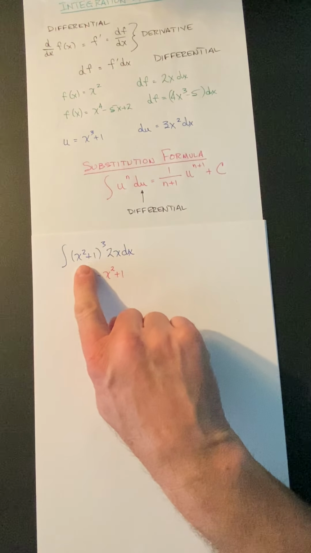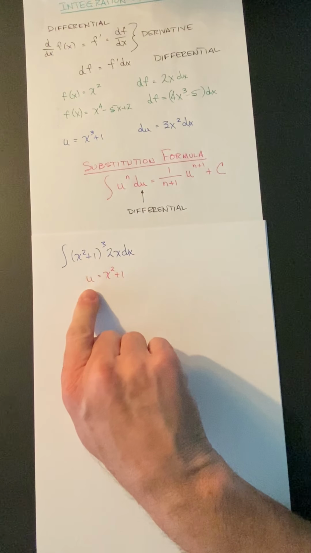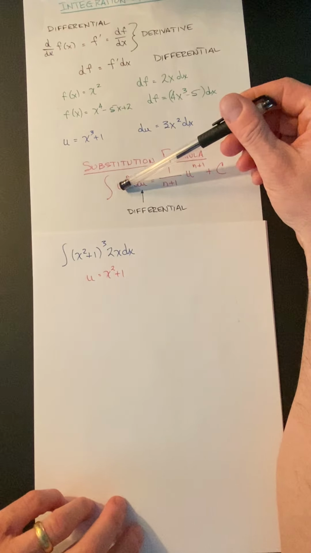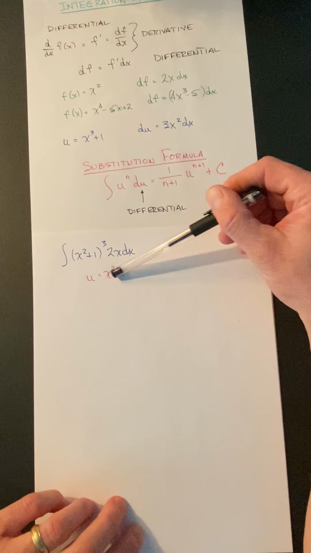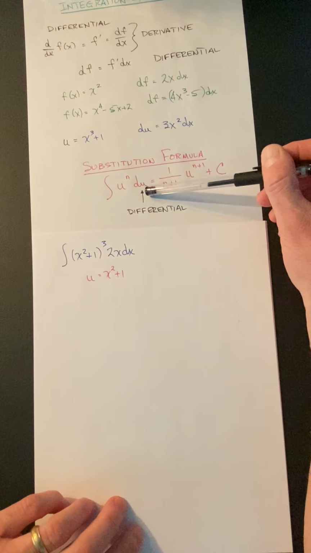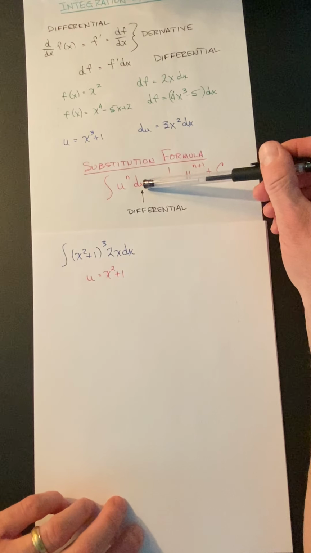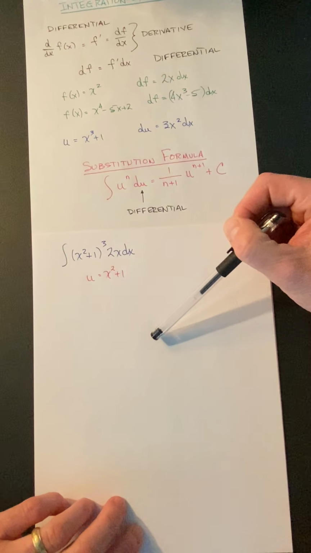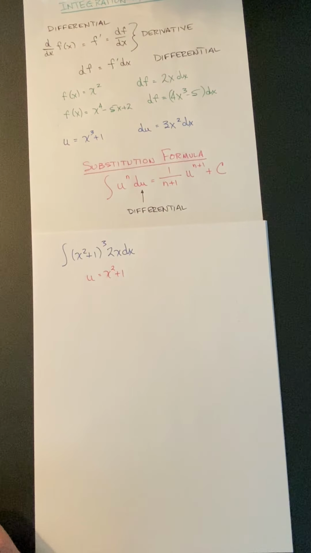Well, if I look at just what's in the parentheses as u, okay, u to the n, well, that would be u to the n. Well, what does that mean? That means I need to come up. Notice I haven't taken care of this 2x.